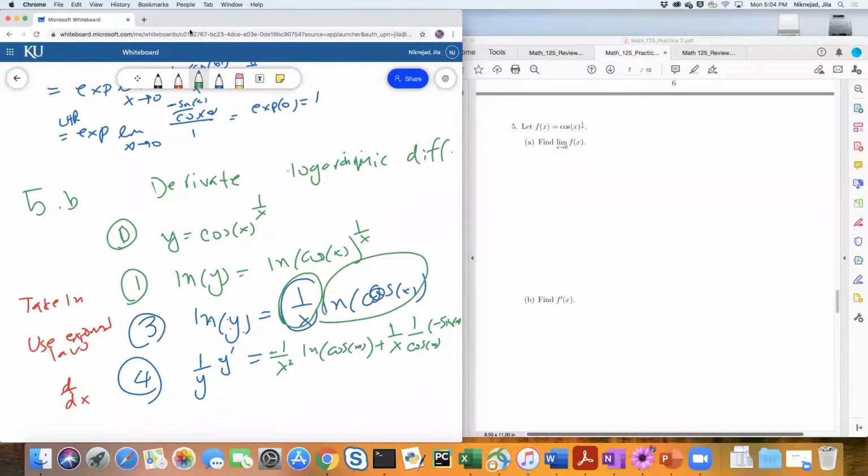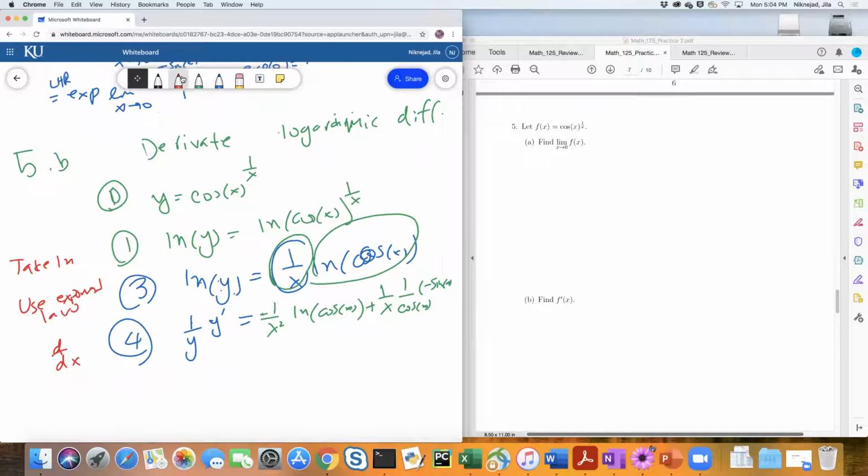So now that we have that, let's clean it up a little bit. You don't want it too messy, but a little messy is okay.